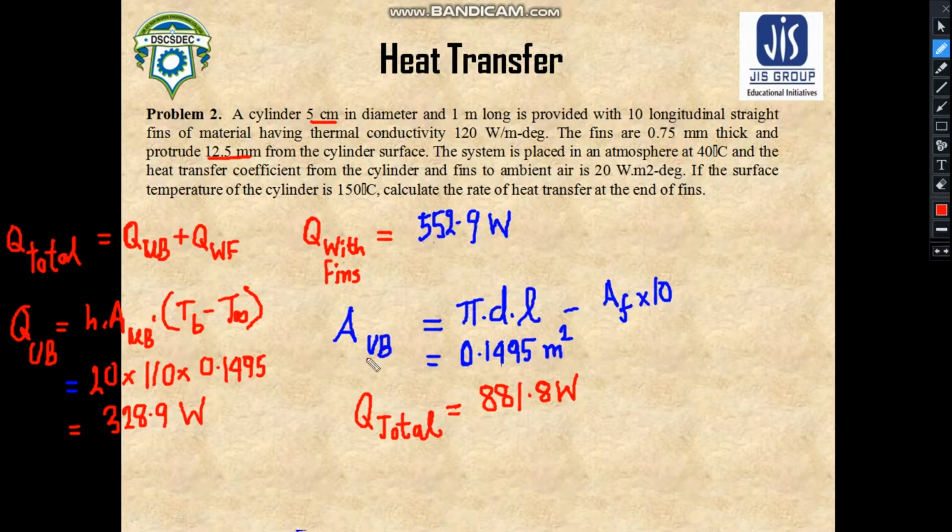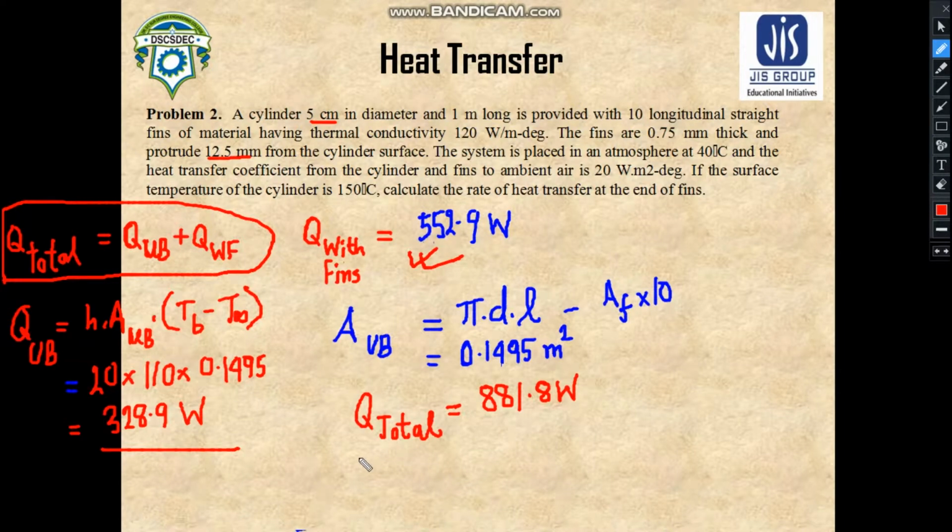And after receiving this value, you can simply go through this formula and find out the heat transfer through the unfinned base portion as 328.9 watts. And now you just need to add it up.